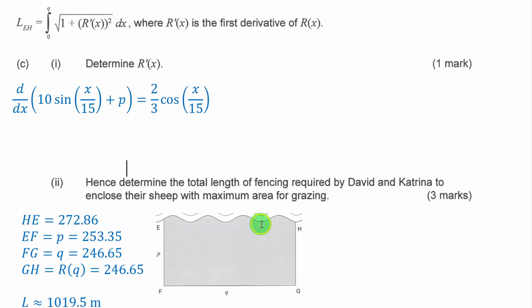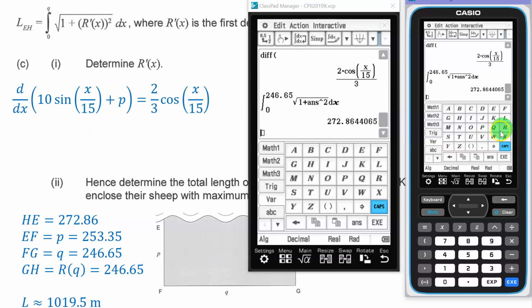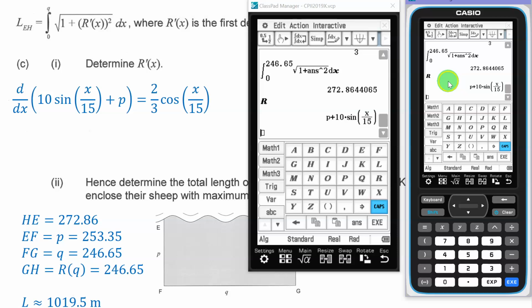And lucky last is the distance from H to G. So this one is going to be the value of R, given that Q is 246.65. So we'll grab the calculator back again. To finish off, we're going to need the value of P now. So here we go. I'll start off in standard mode there. P is this one, 253.35 plus the 10 sine of this fella.